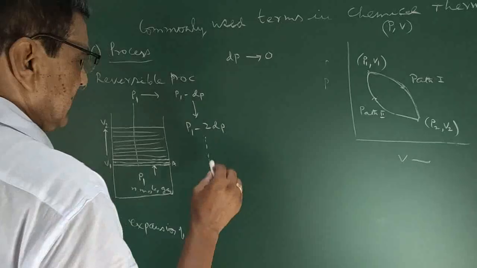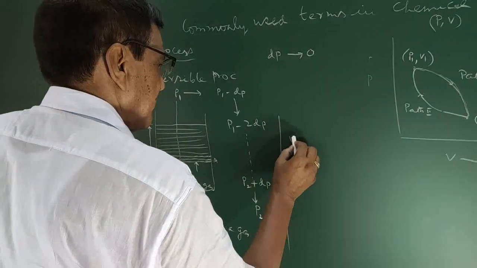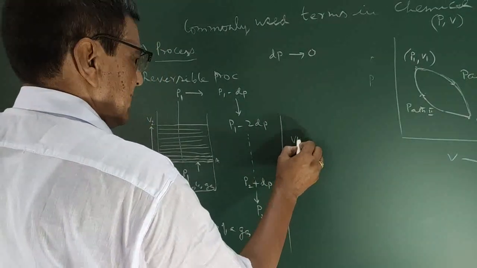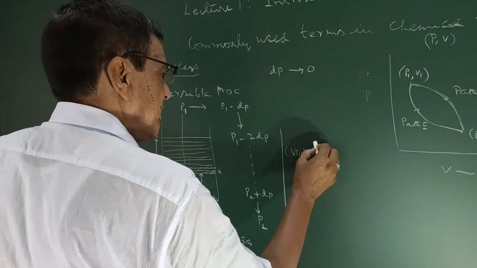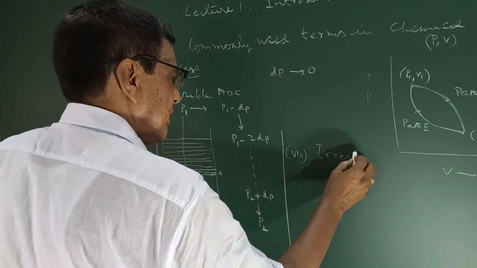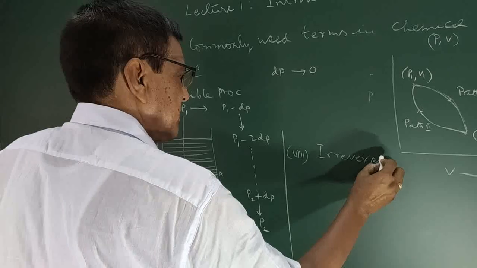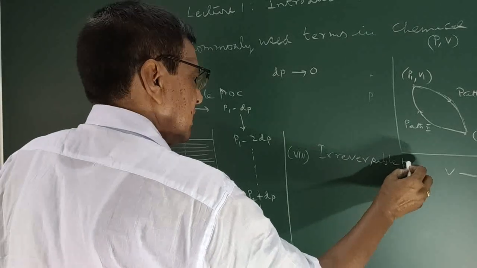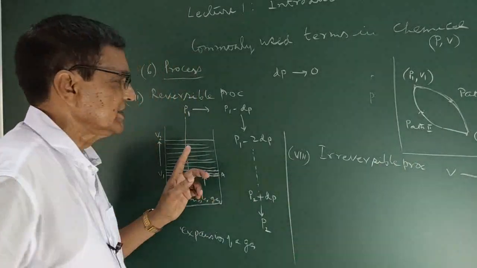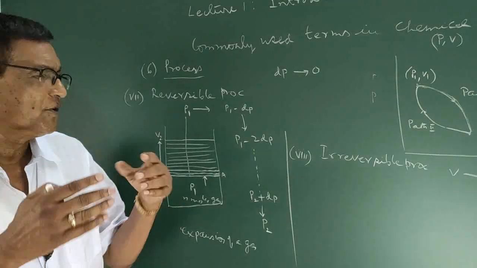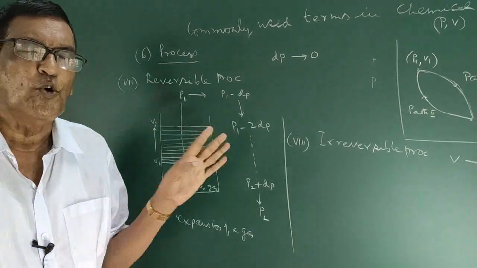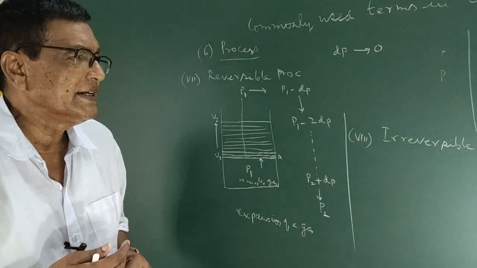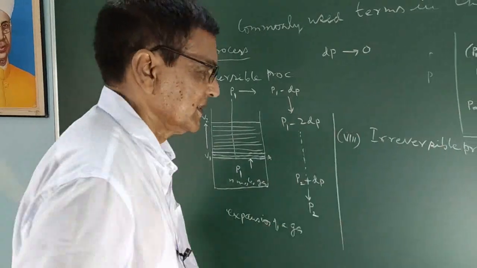And the last one is the irreversible process, not reversible. Irreversible process means whenever for a process this criteria is not obeyed, not maintained, it is called an irreversible process.